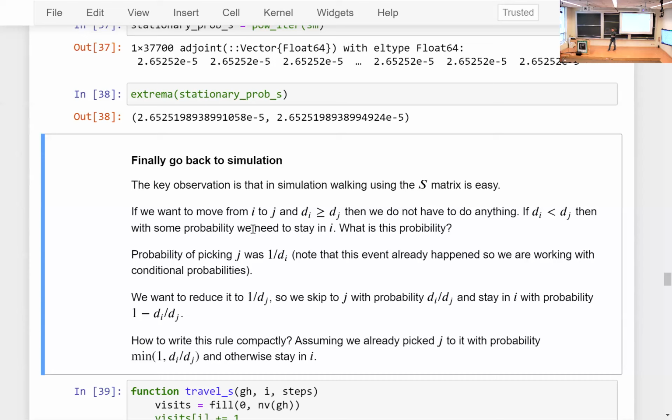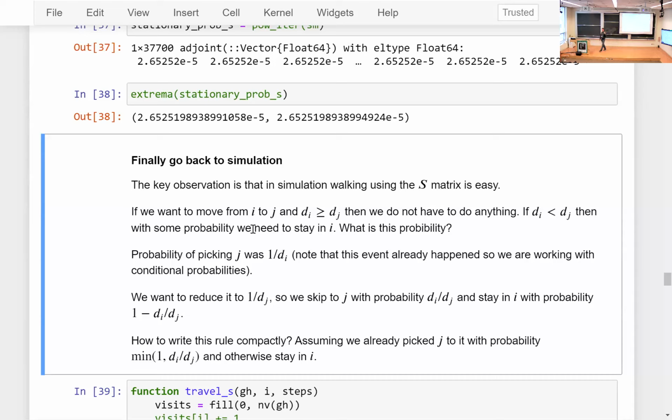If I already picked j, then move to the new location with probability minimum of 1 and d_i over d_j. And maybe again, we have just discovered something that you might have seen in other contexts, like the Metropolis algorithm. So we have just discovered this rule: move to the new point, of course we cannot move with probability higher than 1, so with the minimum of 1 and the ratio of degrees, and otherwise stay in i.